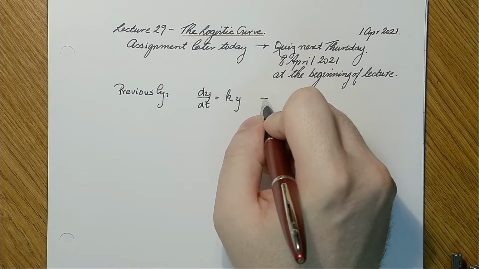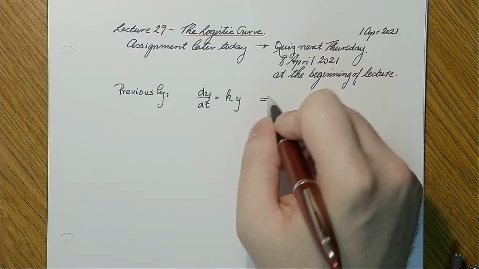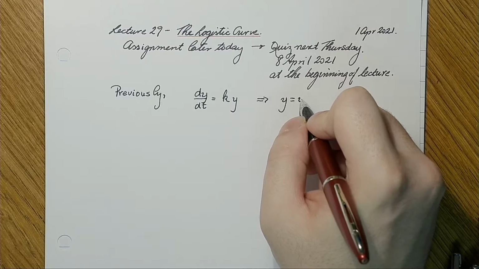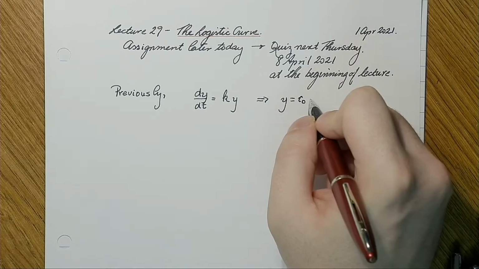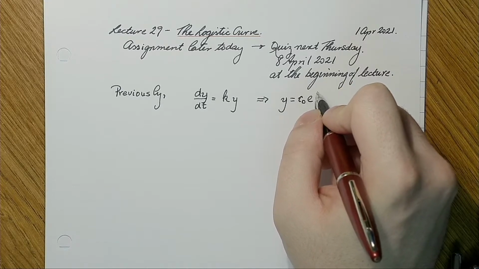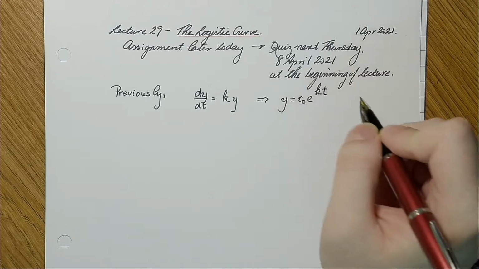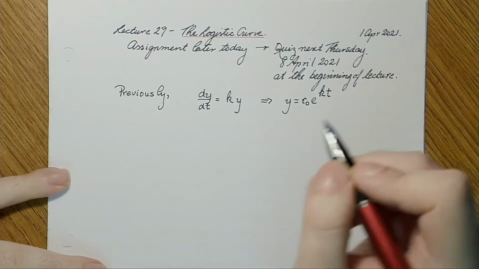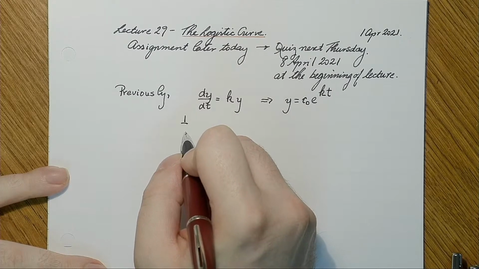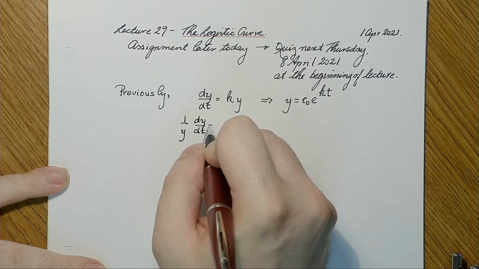And what we had found is that the solution, if we solved for y, was an exponential form: some c naught times the exponential function e to the k t. I can also rewrite this as 1 over y dy by dt is equal to k.